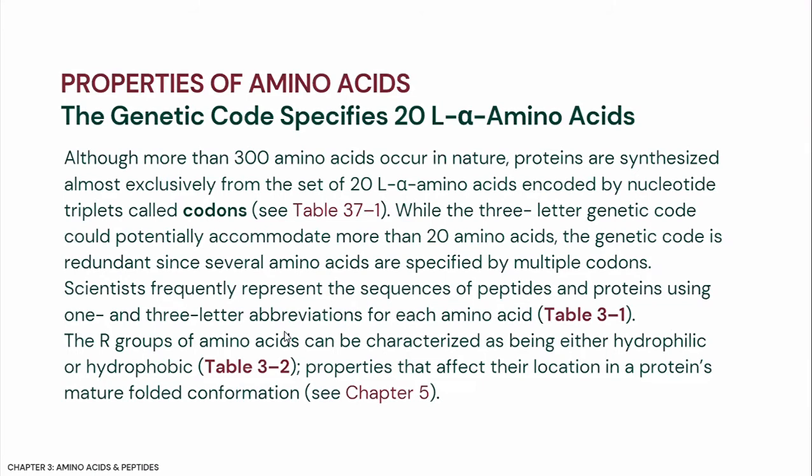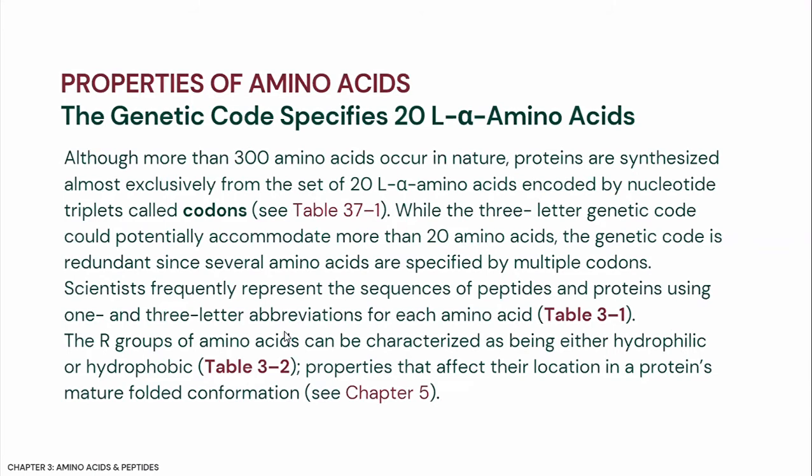Okay. Now this is encoded in what you call your genetic code. Although this genetic code can accommodate more than 20 amino acids, if there are other amino acids that can be utilized aside from these 20 in the formation of our human protein.